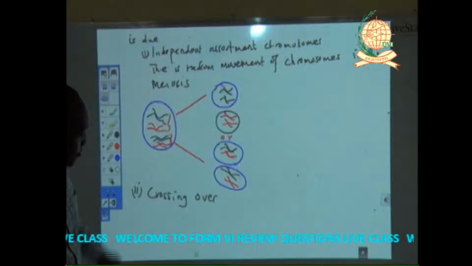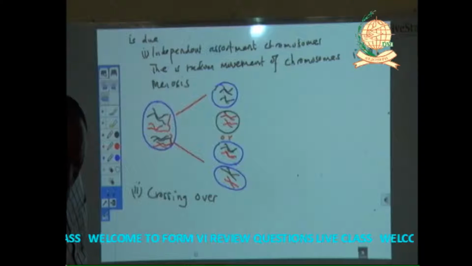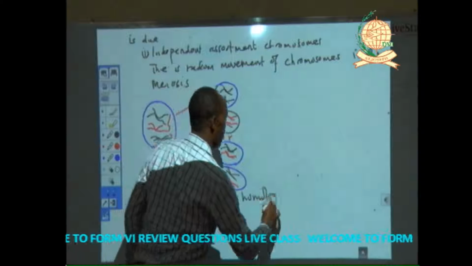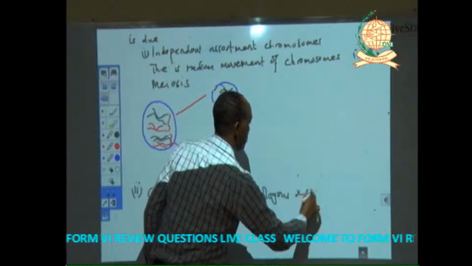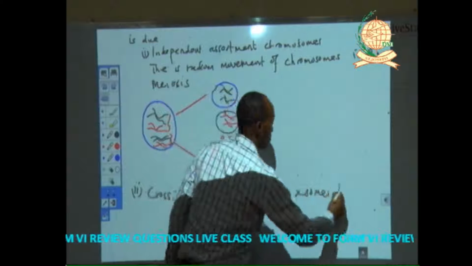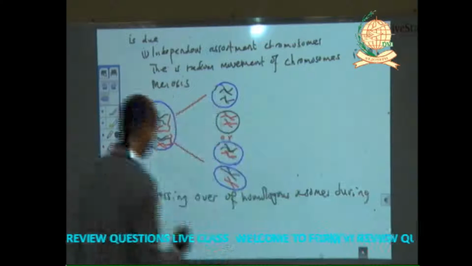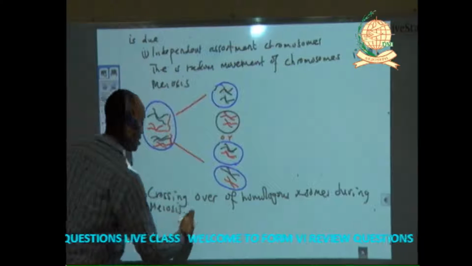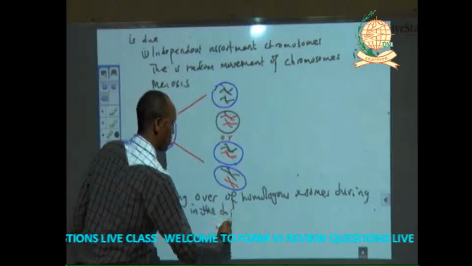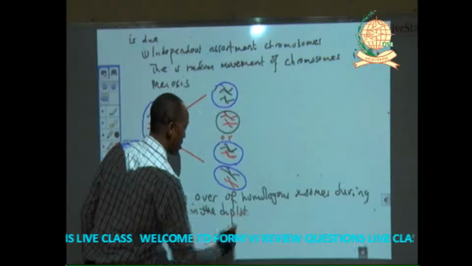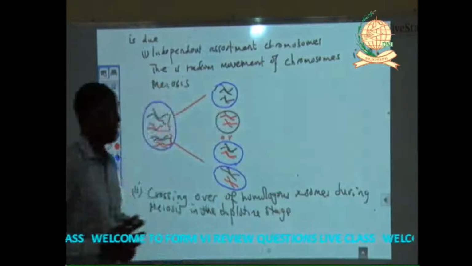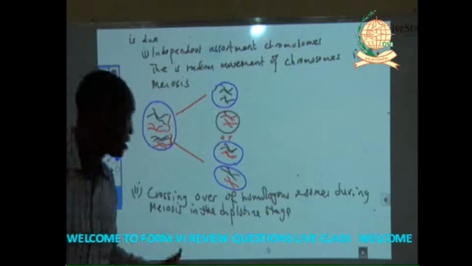This crossing over occurs in homologous chromosomes during meiosis 1, in the diploid stage. Here in the crossing over there is an exchange.